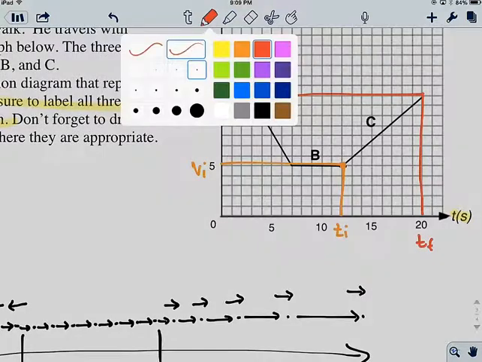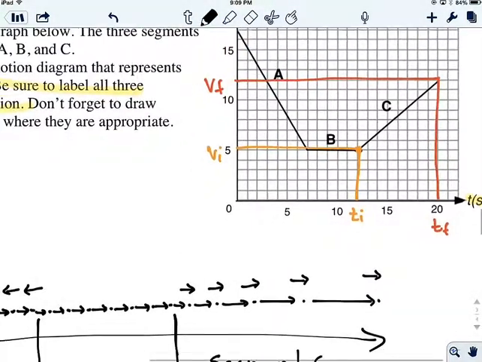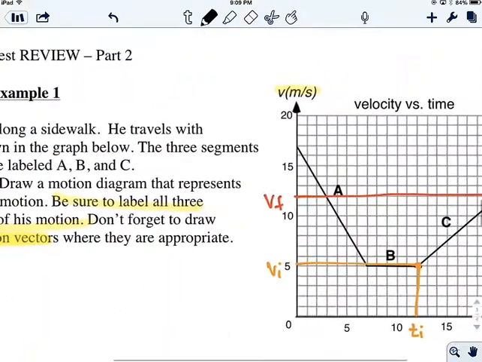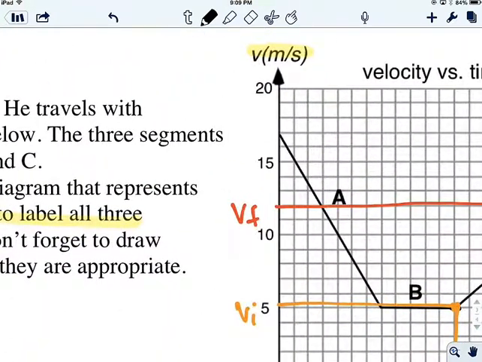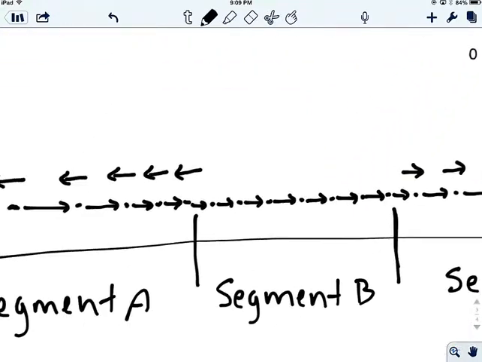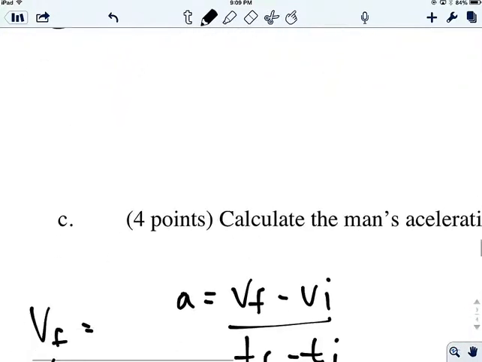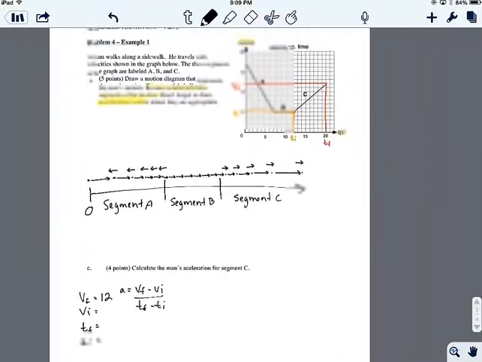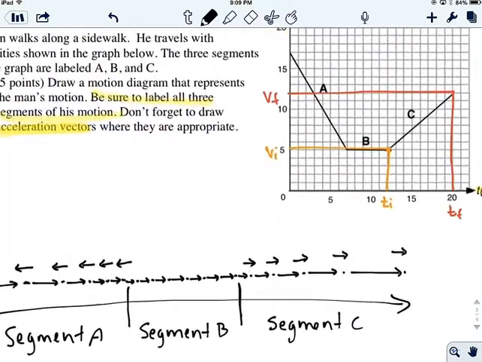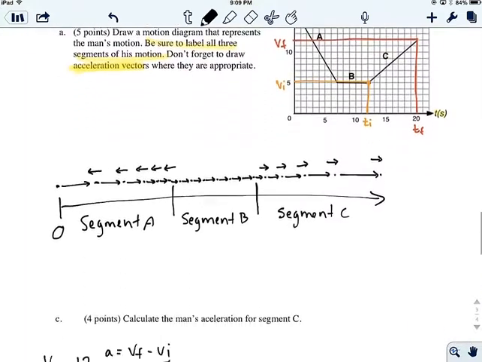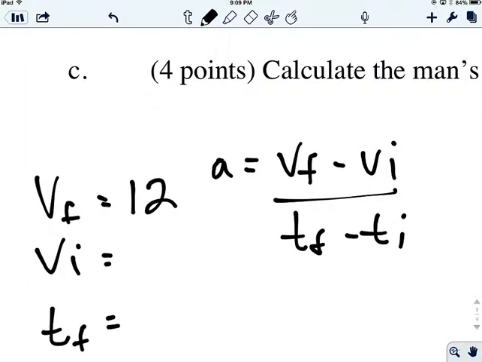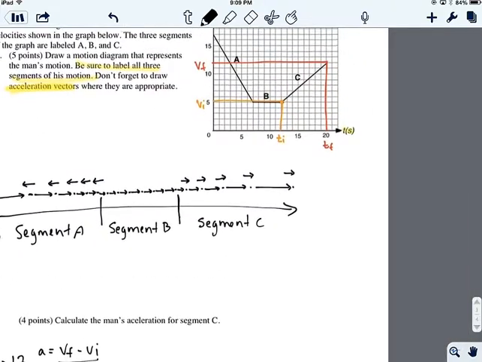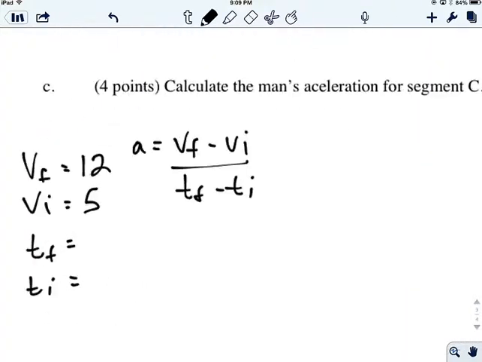Okay, so if I look at what these things are, what did I want first? I wanted VF first. All right, so VF looks like it's 10, 11, 12. All right, VF is 12. VI is 5. Okay, TF looks like it's 20.